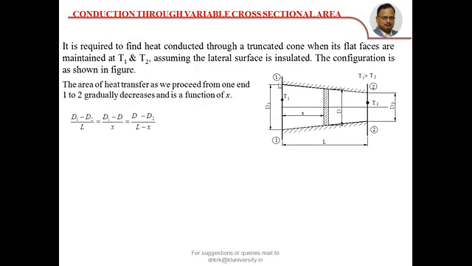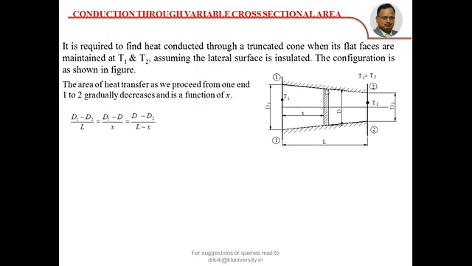For this entire cone, the diameter here is d1 and the end diameter is d2, varying over a length of L. So d1 minus d2 by L, the taper, is the included taper angle. d1 minus d2 by L is the same for the entire figure, which is also equal to d1 minus d by x.